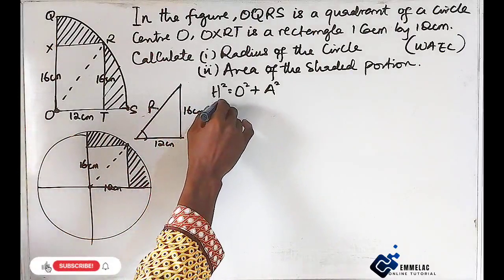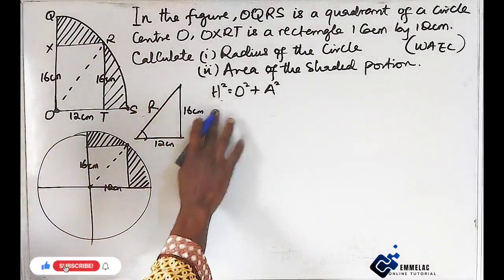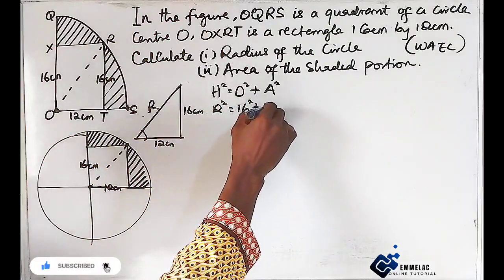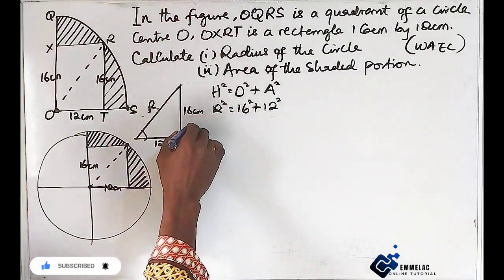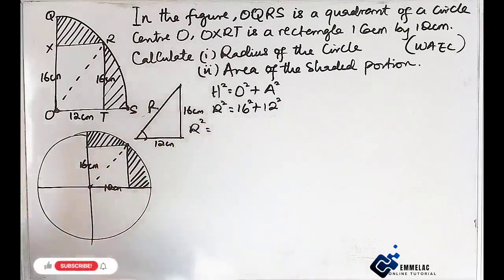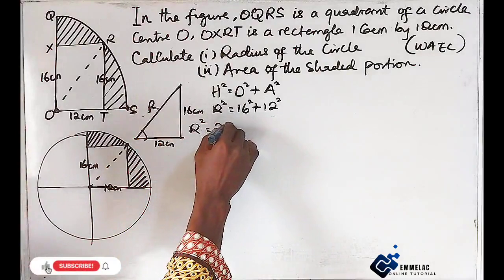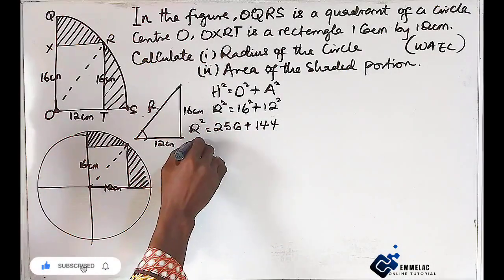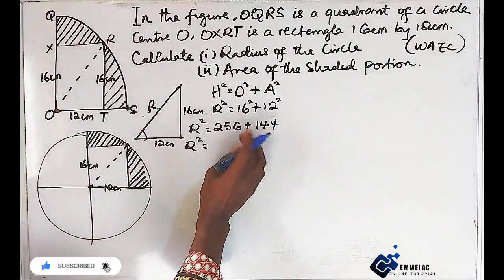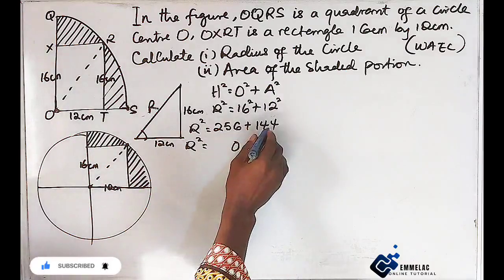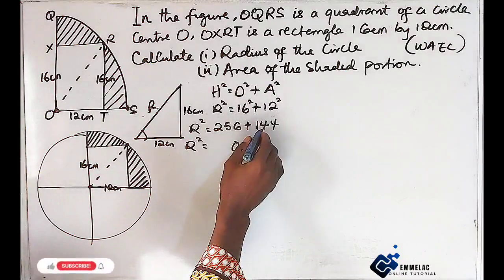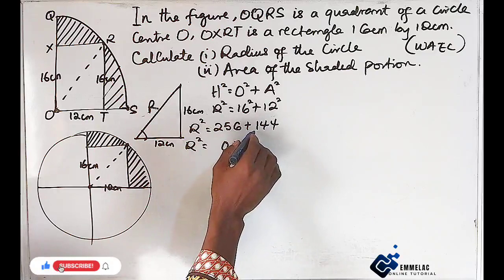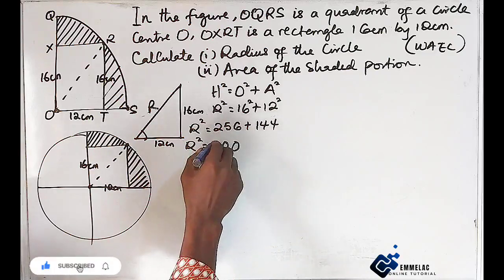To this end we can say r square equals 16 square plus 12 square. 16 square gives us 256, plus 144. Adding this gives 400, so r square is 400.